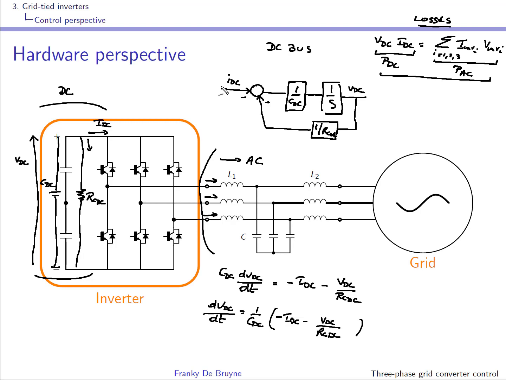So this is IDC. What I have to do is divide by VDC.